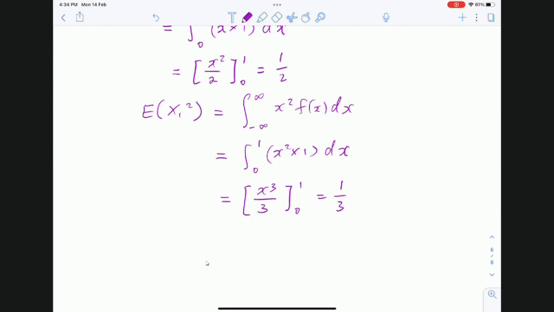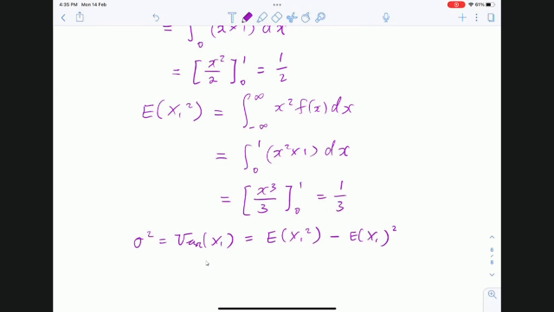Now this is not the final result for the variance. It is just an intermediate step. Just keep in mind that finding the second moment, the expectation of the square of x, is just an intermediate step. From my past experience, I find that a lot of students always terminate the calculation here. This is not the end. You also need to determine the variance. And this is the formula for calculating the variance.